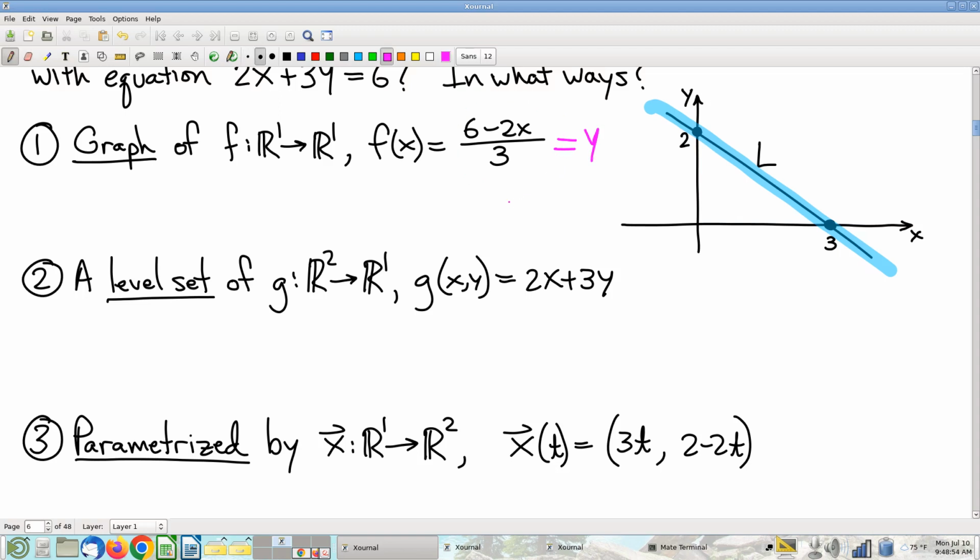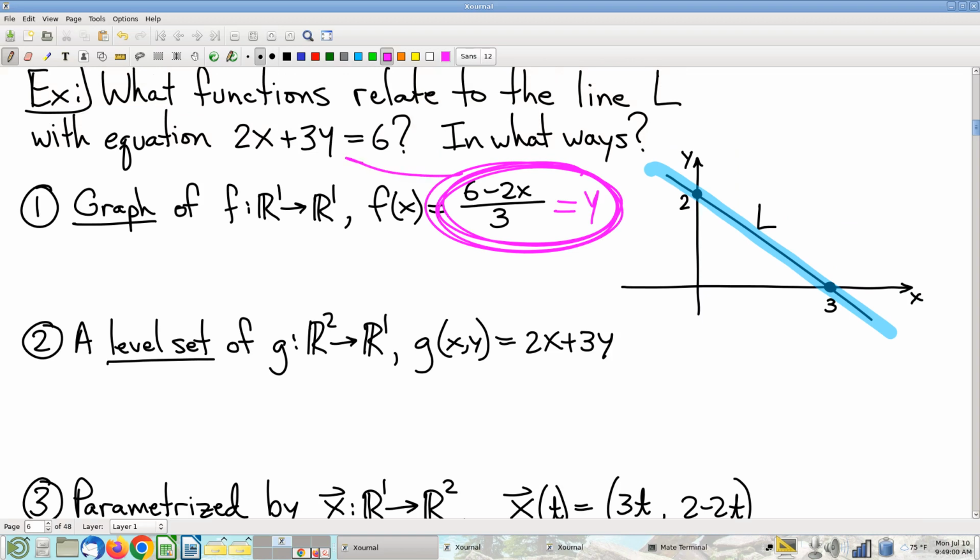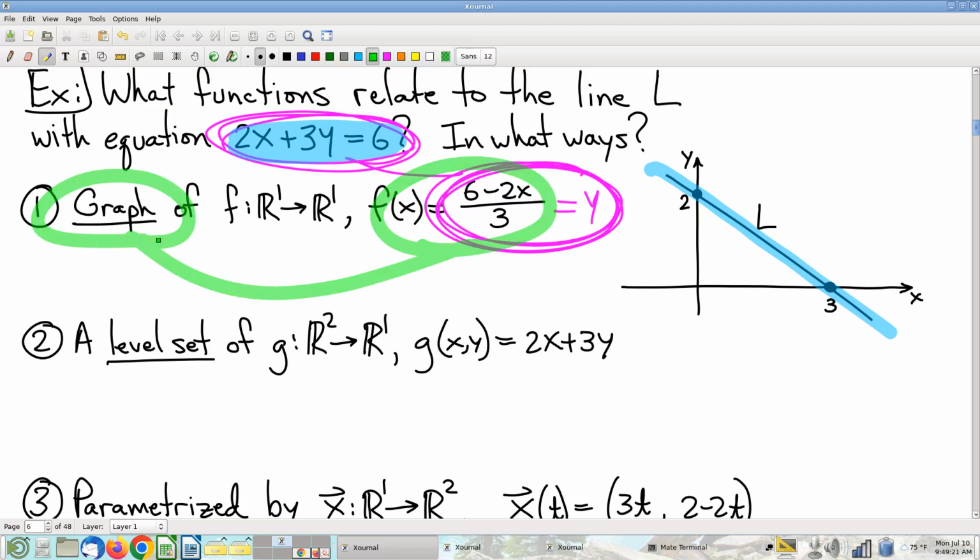You set the value of the function equal to a new variable, and notice that this equation here is exactly equivalent to this equation right here. I just moved some things around. They're exactly equivalent equations. Everybody on board? So this plane, whose equation I was given, is the graph of that function. Everybody on board?